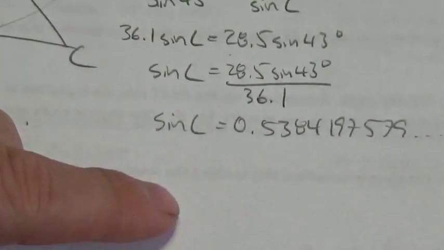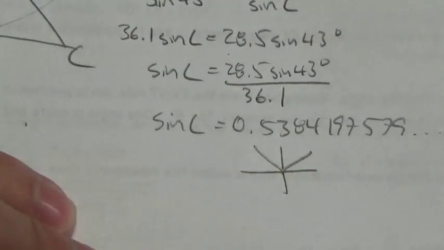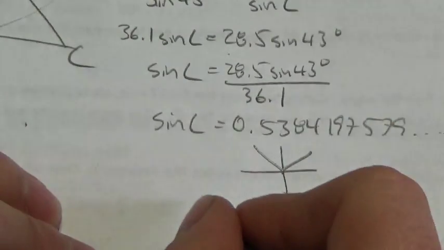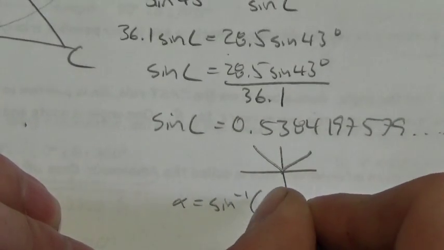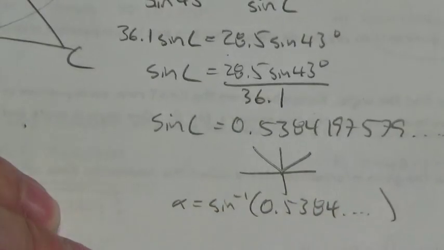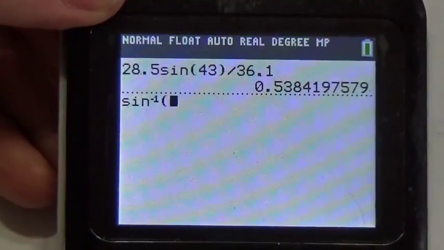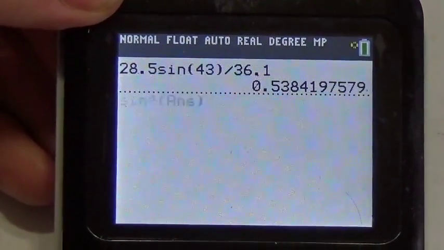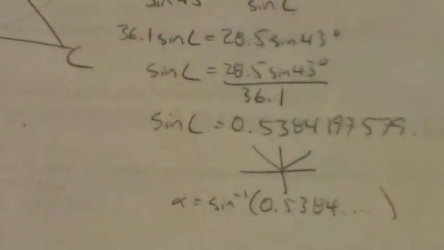It's positive. So I could have a first quadrant or a second quadrant angle. First thing I got to do is figure out what the size of that angle is by taking the inverse sine of 0.5384, and so on and so forth. So now I'm going to take the inverse sine of that answer, and to the nearest degree, I'm going to get 33 degrees.